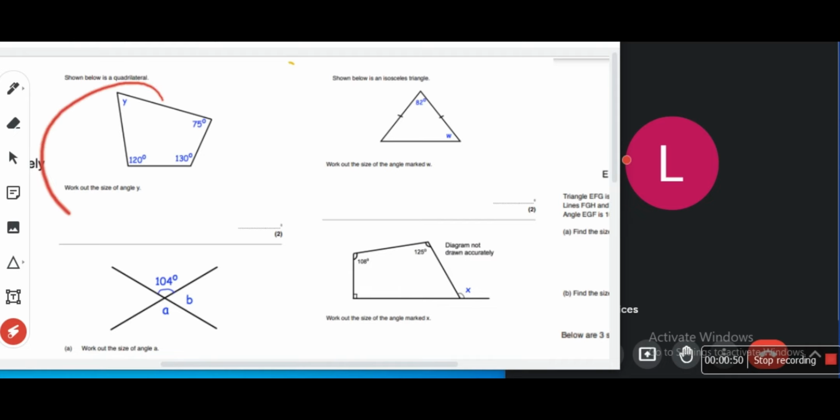Now when you add up all the angles in a quadrilateral, 4 sides, 1, 2, 3, 4, you must get 360 degrees. So y plus 130 plus 75 plus 120 will give you 360 degrees. With that we can get y, which is 360 degrees minus this plus this plus this, to leave y all alone.